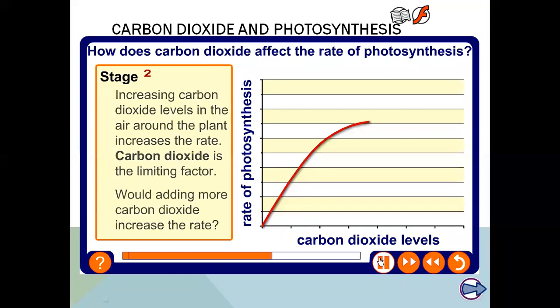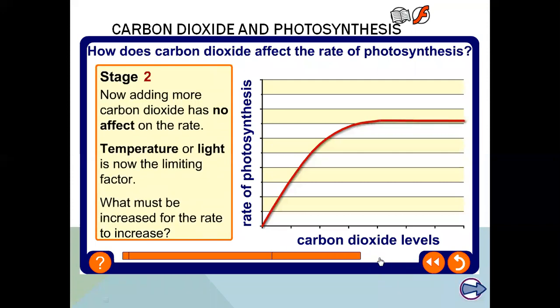But later the graph becomes constant. Now adding more carbon dioxide has no effect on the rate of photosynthesis, because temperature or light is now the limiting factor. If you want to see it once again, just look here.